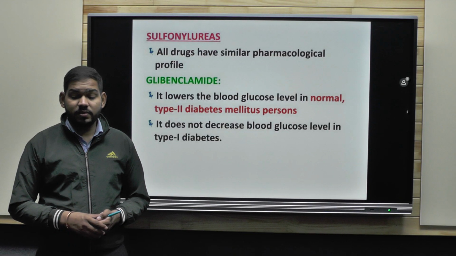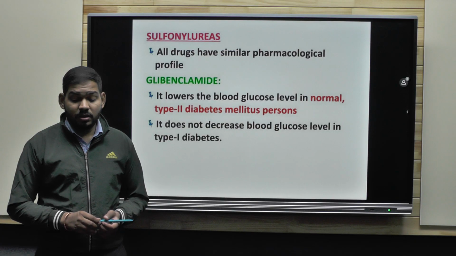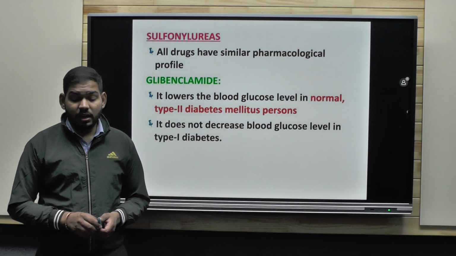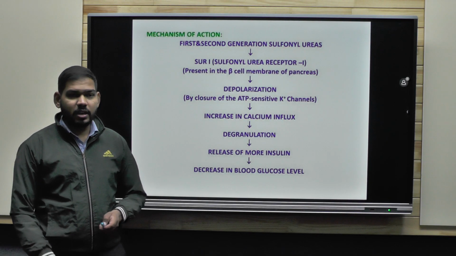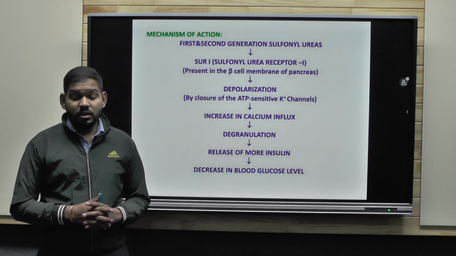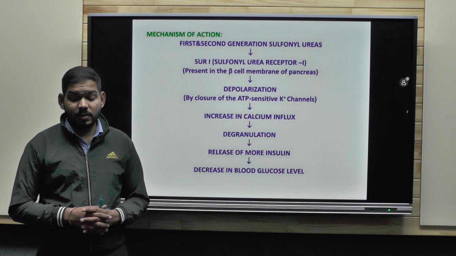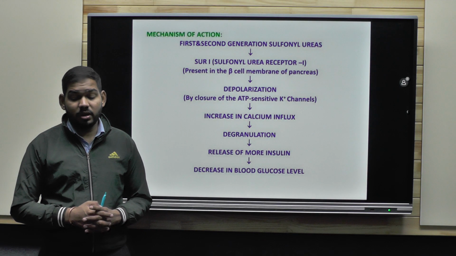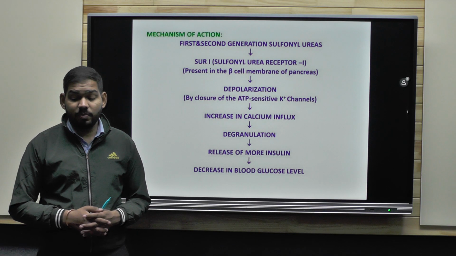Sulfonylureas: all drugs have a similar pharmacological profile. Glibenclamide lowers the blood glucose level in normal and type 2 diabetes mellitus persons. It does not decrease blood glucose level in type 1 diabetes. The mechanism of action of first and second generation sulfonylureas: they act on the sulfonylurea receptor 1, usually known as SUR1, which is present in the beta cell membrane of the pancreas.